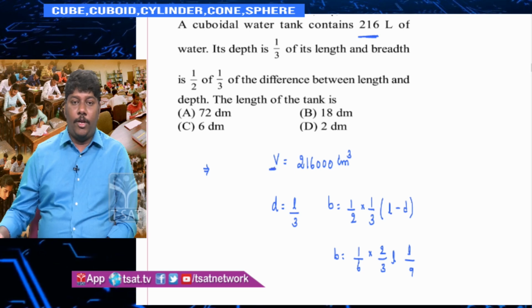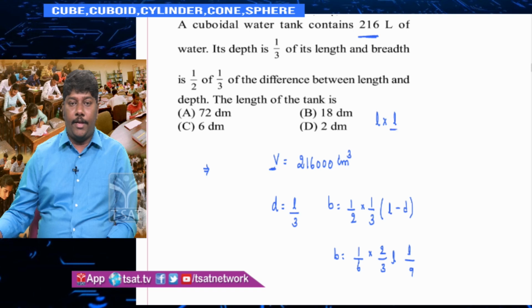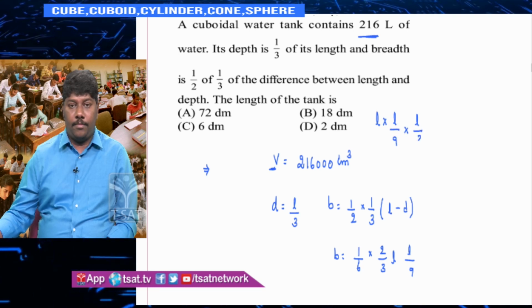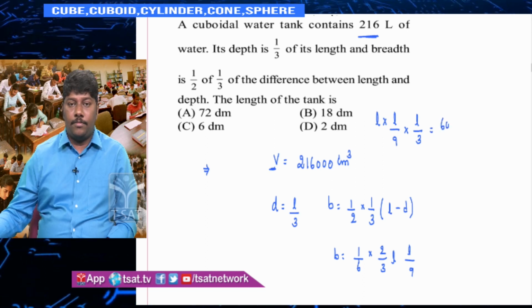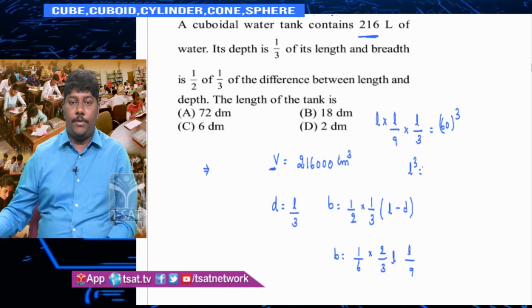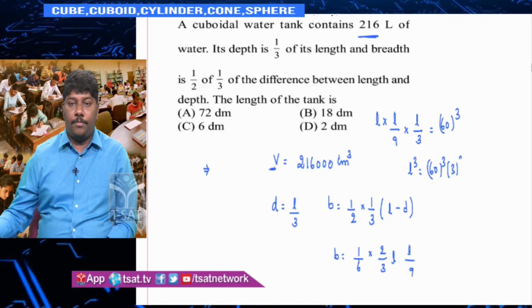Substitute in the volume. Volume is L into B into H. L is L only, B is L by 9, depth is L by 3. You can write it as 60 cube. L cube is equal to 60 cube into 3 cube.